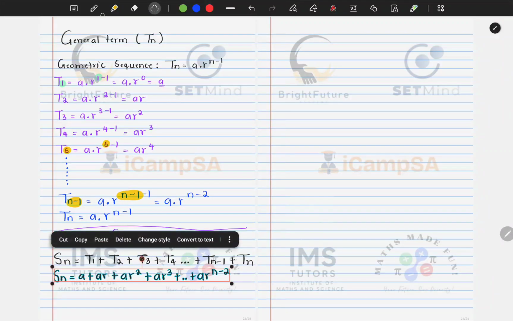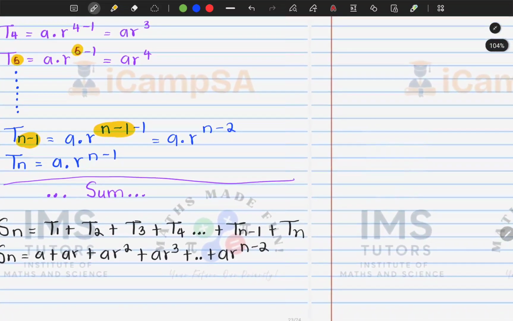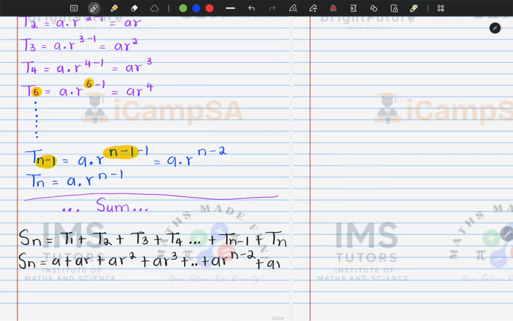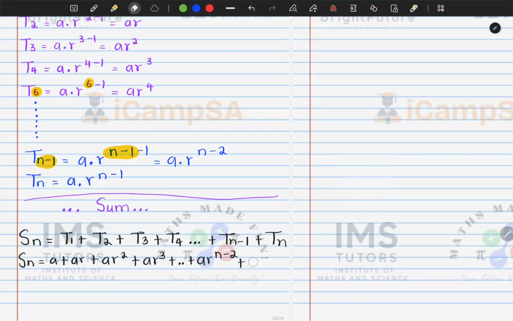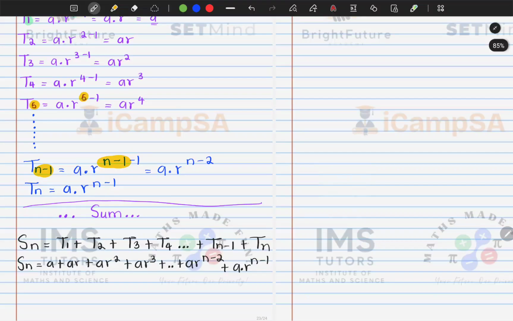Let's make some space for the term before the last, and then the last term will be ar to the power of n minus 1. So this is what we have as our sum of n terms.